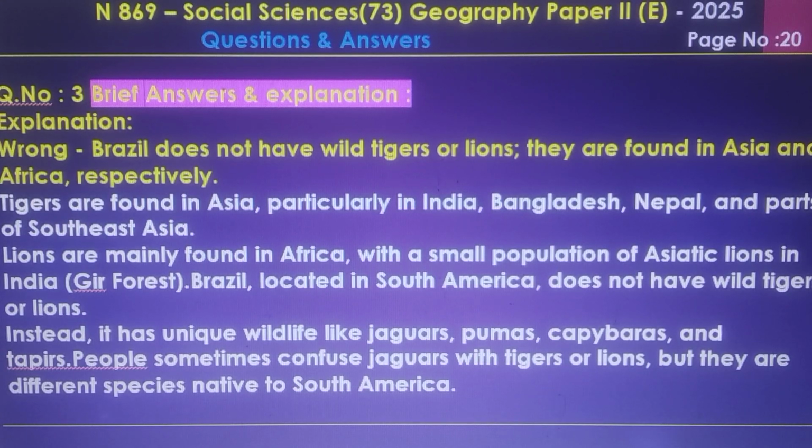Brazil, located in South America, does not have wild tigers or lions. Instead it has unique wildlife like pumas, capybaras and tapirs. People sometimes confuse jaguars with tigers or lions, but they are different species native to South America.